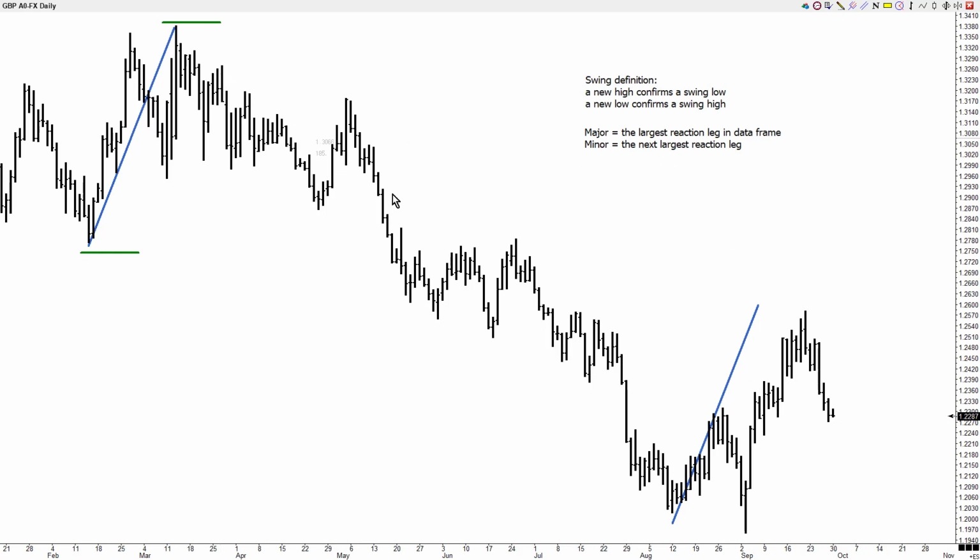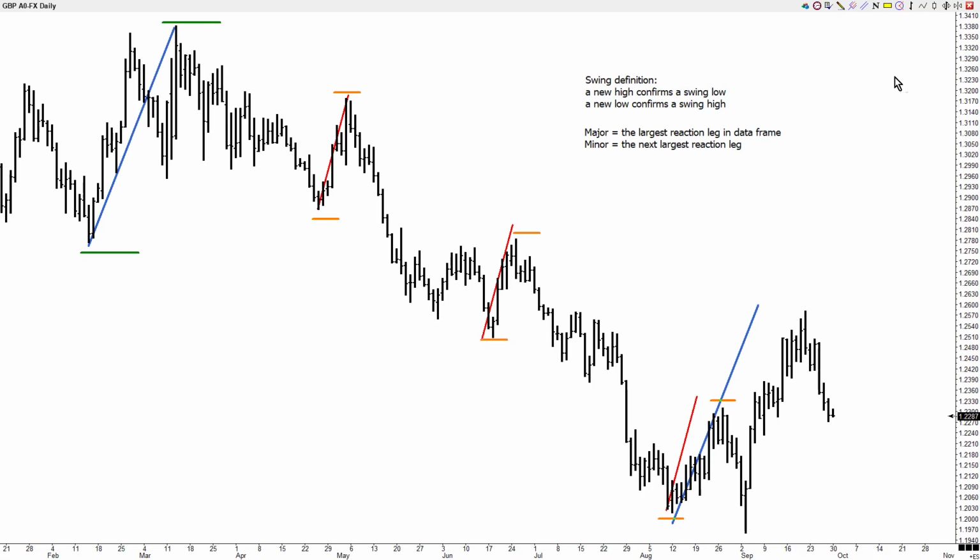Now on this leg down, let's look for the next largest. So remember, a swing is a swing is a swing. We're differentiating by the reaction leg. So this reaction leg is about that big, that one's about that big, that one's about that big, and then we turn.